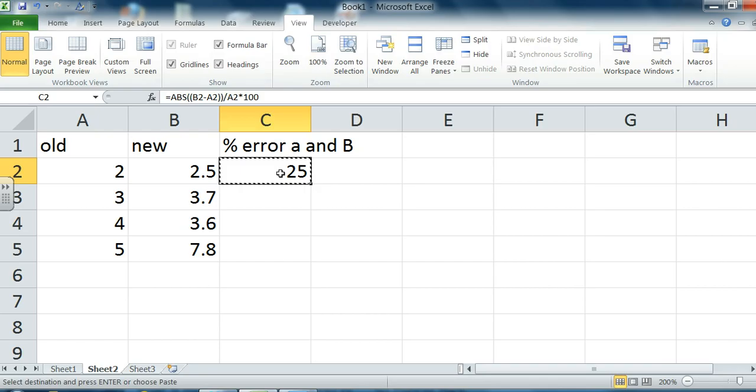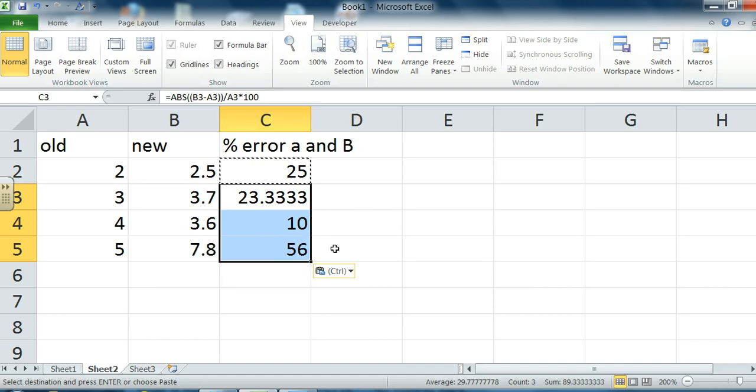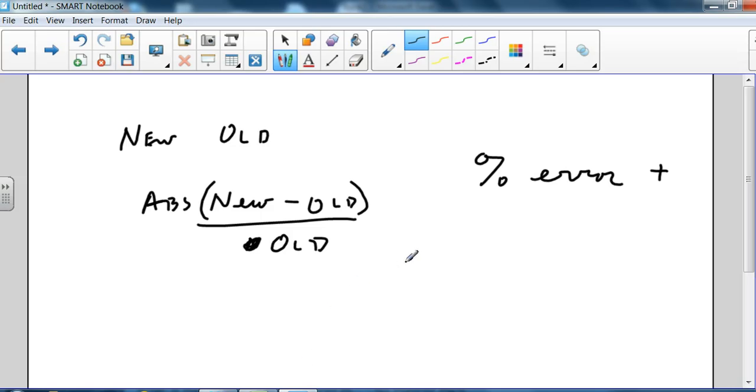And now I go back, copy, paste, and I see that I have a 23% error, a 10% error, a 56% error. So that's how I'm going to do it. I'm going to take the absolute value of the new minus the old divided by the old, and then multiply by 100, and that's going to give me percent error.